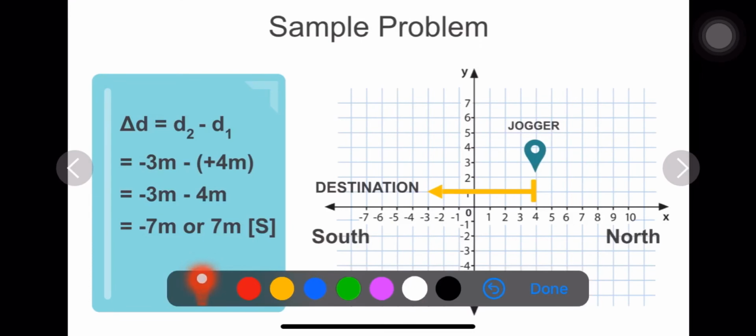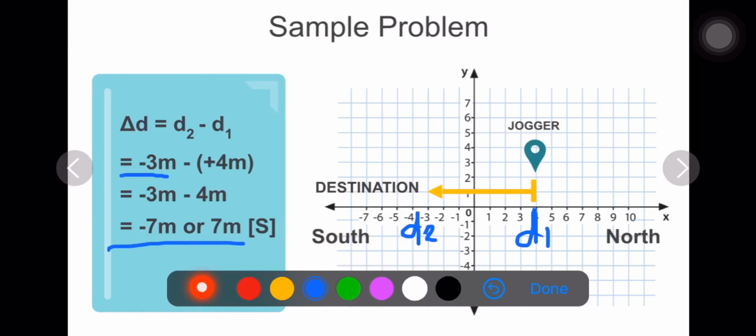Our initial point is D1, and our final point is negative 3. So we have negative 3 minus positive 4. By the rule of integers, negative 3 minus 4. So our displacement is negative 7 meters, or 7 meters south.